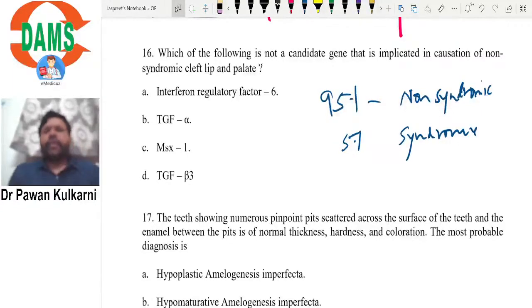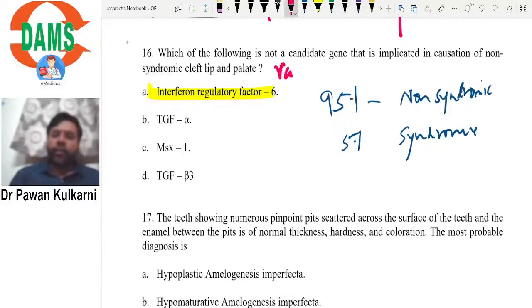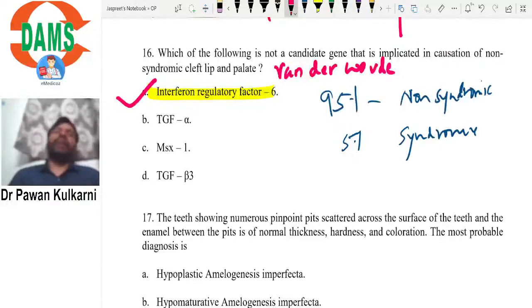In these genes, there is only one gene which is implicated in the etiology of a syndrome called van der Woude syndrome. What is that gene? IRF6. IRF6 is interferon regulatory factor 6.